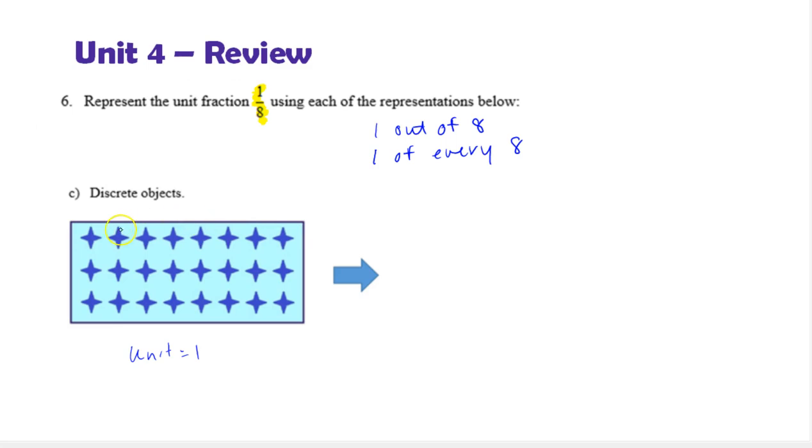So notice this is 8 stars across, so this is one group, 2 groups, 3 groups of 8, and from each group I want 1 star. And you could pick any one you want. I'll pick these, and notice there's a total of 3. So 1/8 is 3 stars. Let's look at the next one.